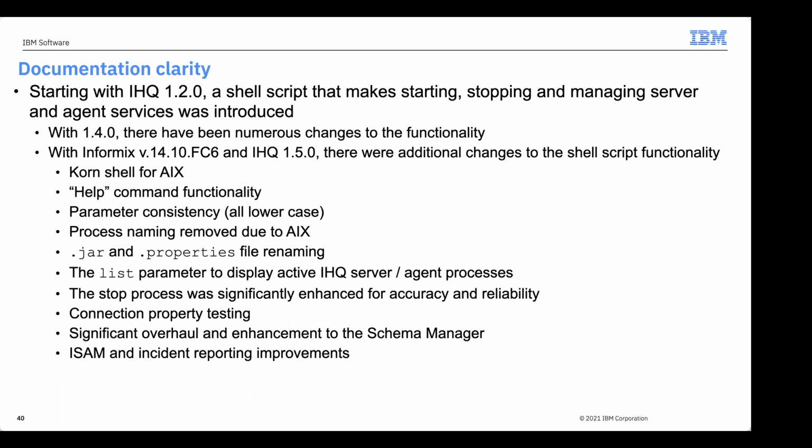So in the 1.4 version of IHQ, there were numerous changes to this shell script functionality. Then in FC6, we released IHQ 1.5 when we finally fixed that shell script functionality. And it works the way it's supposed to now. And there were a number of other functional enhancements to IHQ 1.5 that were released in the previous fix pack.